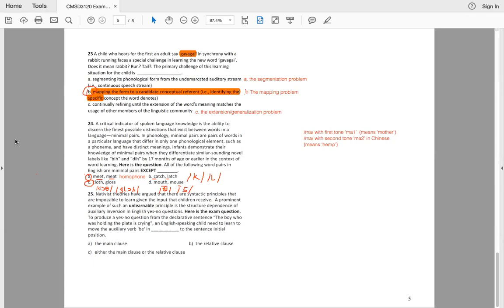So in this particular example, you differ in this k sound, but you also differ in the final sound. So there are two different sounds, or two differences when you compare these two words. So it's not a minimal pair. A minimal pair differs in only one phonological segment. A, no difference. It doesn't differ in any phonological element. And C differs in two phonological segments. So A and C are not minimal pairs.